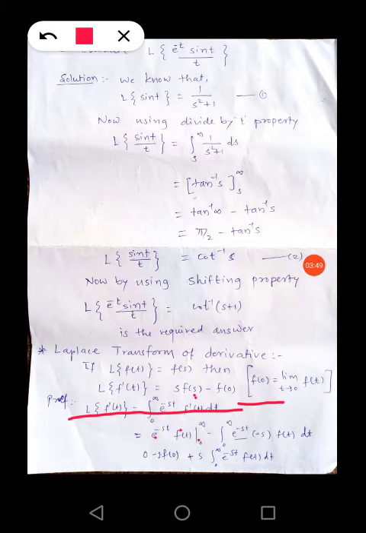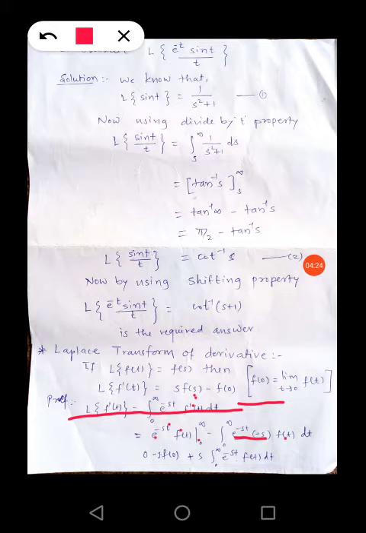Evaluated between limits 0 to infinity, minus the integral from 0 to infinity of the derivative of e raised to minus st with respect to t, which is e raised to minus st into minus s, times the integral of f dash of t, which is f of t, dt. Now if we substitute the upper limit, e raised to minus infinity is 0, so that term is 0.